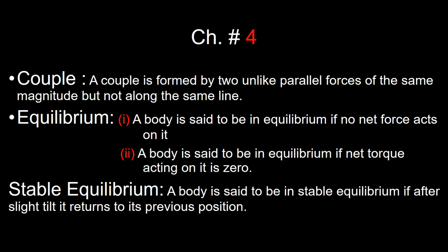If the vertical line through G, the center of gravity, passes through its base in the tilted position, the block returns to its previous position. And if the vertical line through the center of gravity falls outside the base, then the block does not return to its previous position. It topples over its base and moves to a new stable equilibrium.